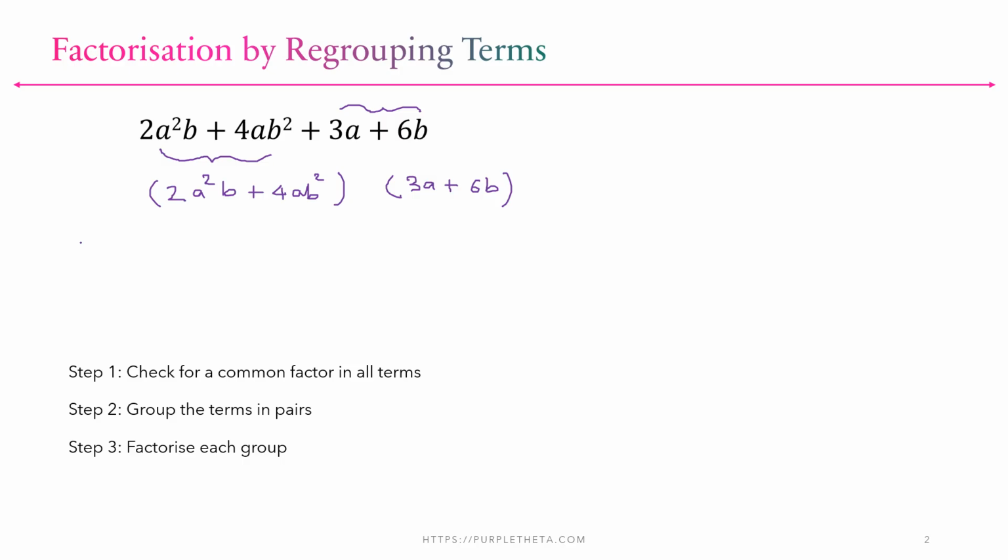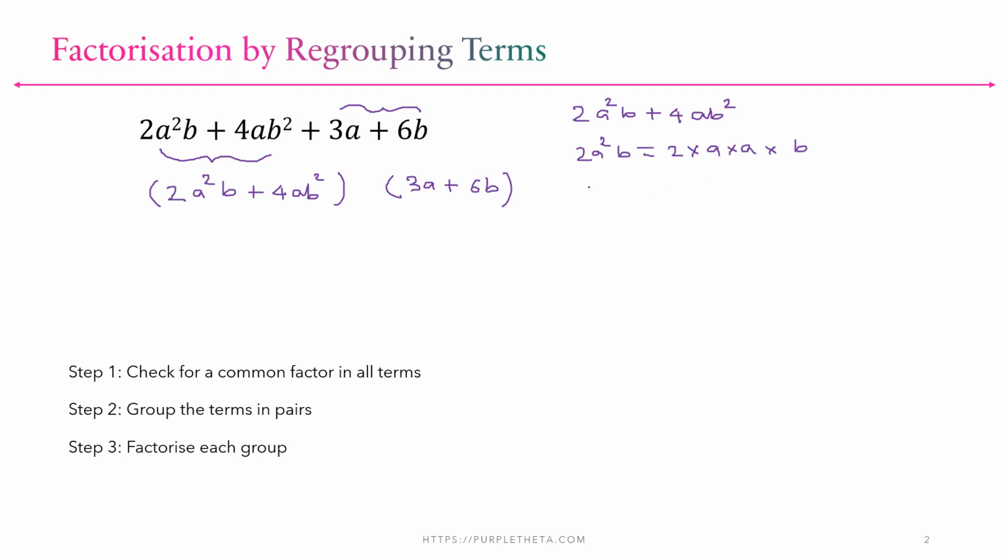Okay, so let us take first group, that is 2a square b plus 4ab square. I will write it down here. Okay, 2a square b can be written as 2 multiplied by a multiplied by a multiplied by b, right?